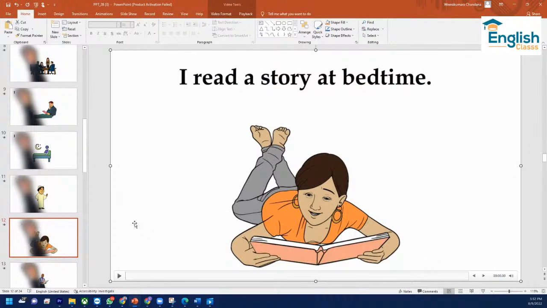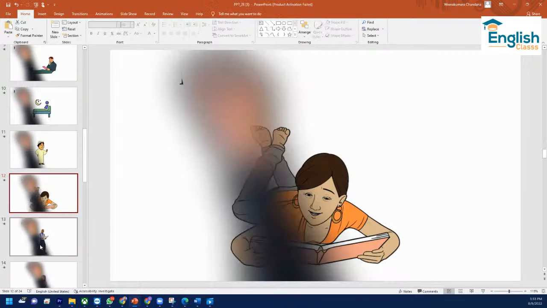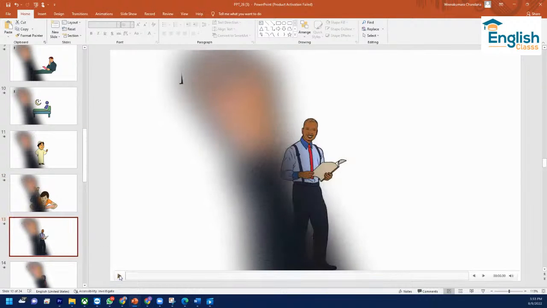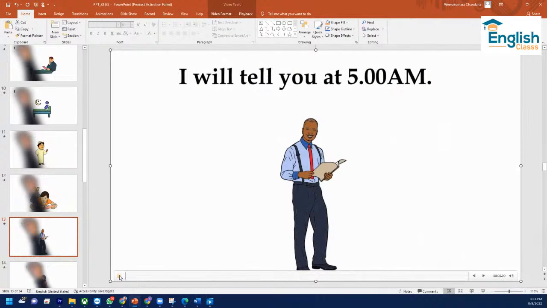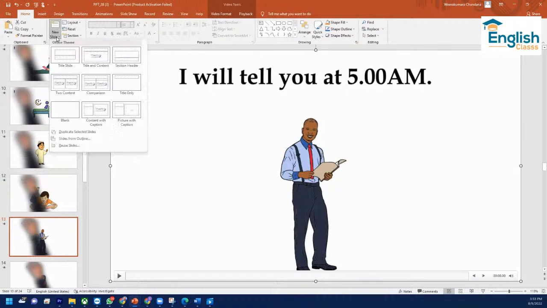I read a story at bedtime. At bedtime. The preposition should be at bedtime. I will tell you at 5 a.m. That is a specific time of the day. 5 a.m., 5 in the early morning.